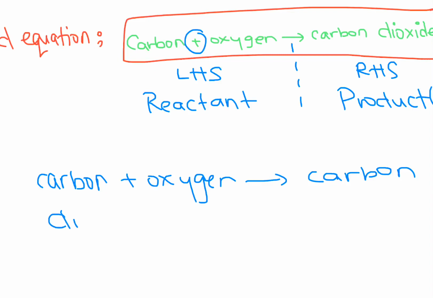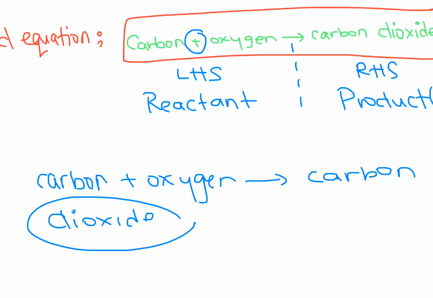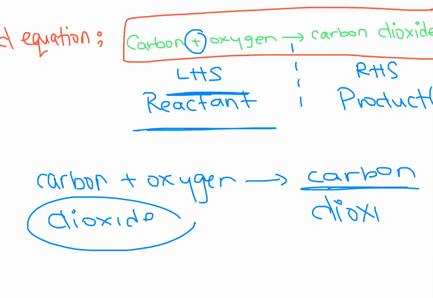Don't write the dioxide here, because if you write it in this direction, it means you're writing the dioxide on the left-hand side, on the reactant side. The dioxide is not a compound on its own; it goes with the carbon. So it's carbon dioxide, which is a compound, a substance.